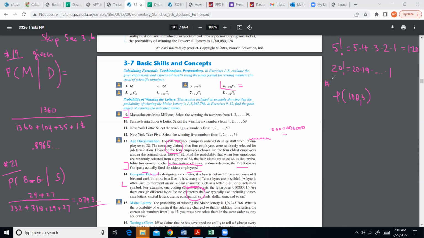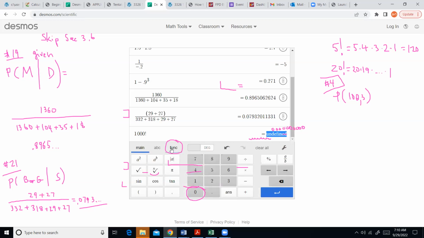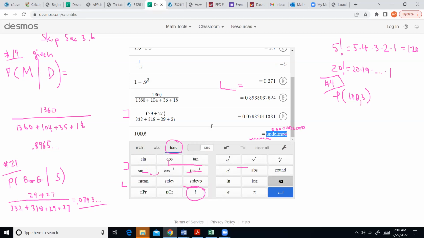So that's exercise number 4 here. And well, let's go to the calculator and select the number of permutations here. Notice that, again, I click on functions, but now I need to select a special symbol called nPr, which is the one here on the last row.